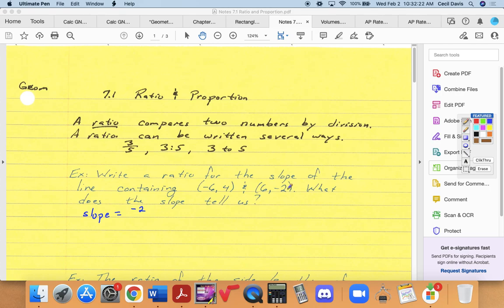So if I do -2 minus the other y coordinate 4 over, I have to use the same x coordinate that I used the first y coordinate for, so that's 6 minus -6. And it's smarter to write that as minus -6.